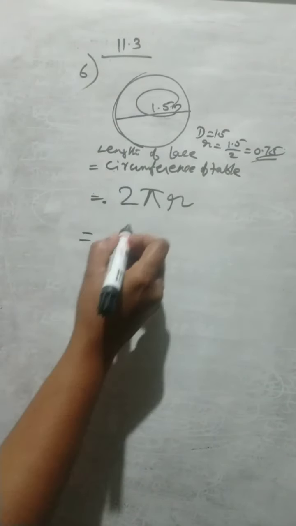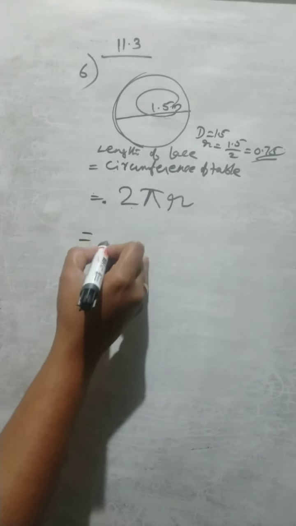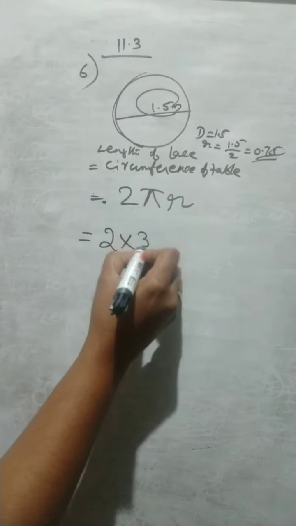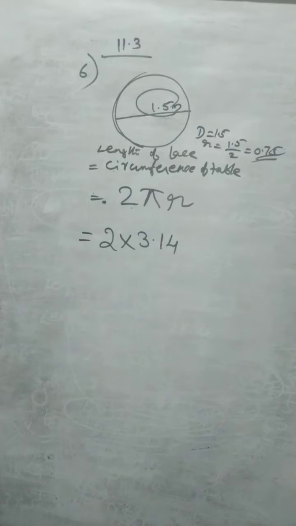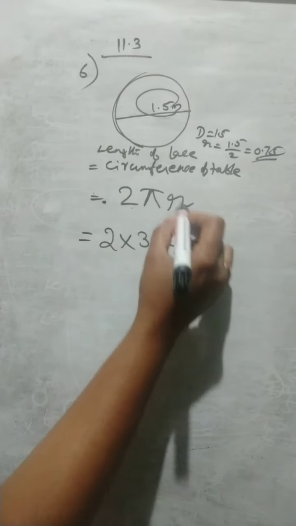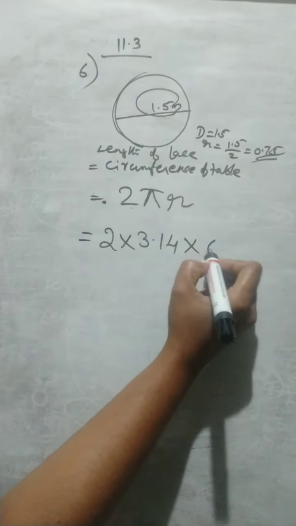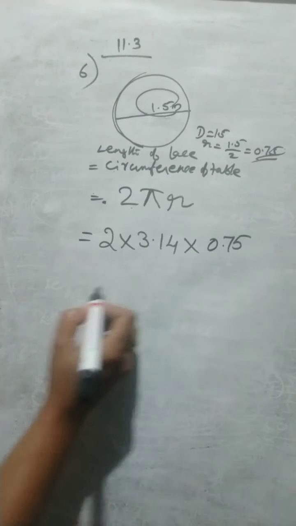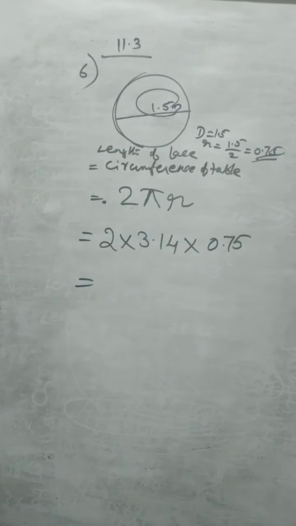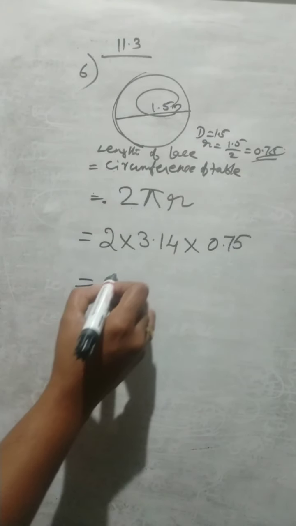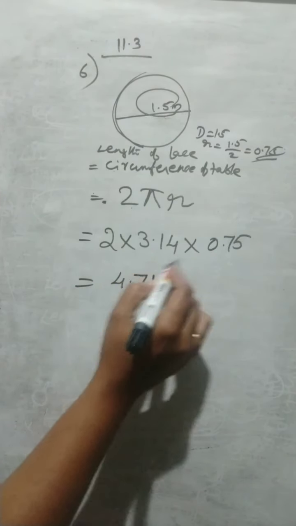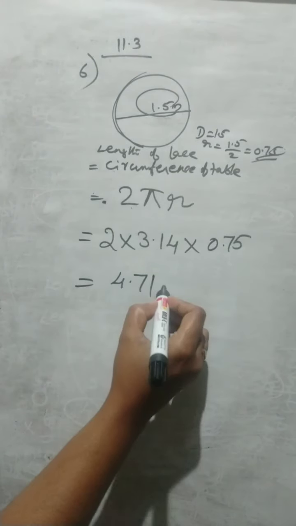But here 2 pi r. So 2 times 3.14 as pi, then radius equal to 0.75. We can multiply all these things. So now we will get 4.71 meter.